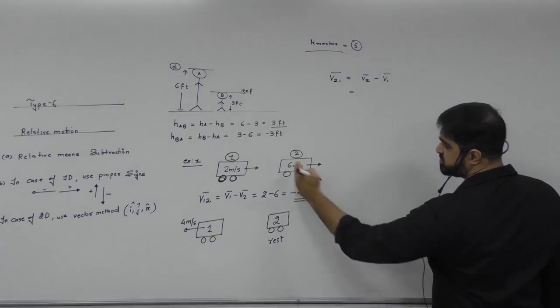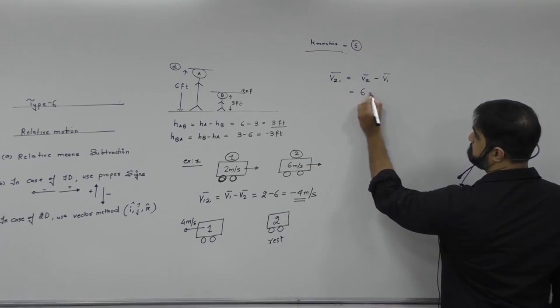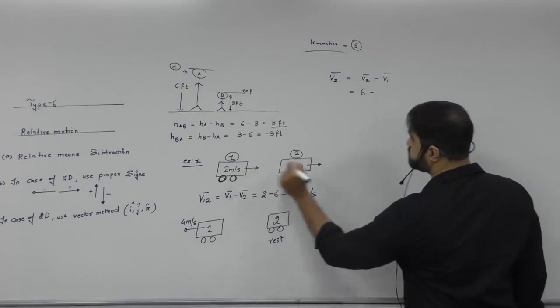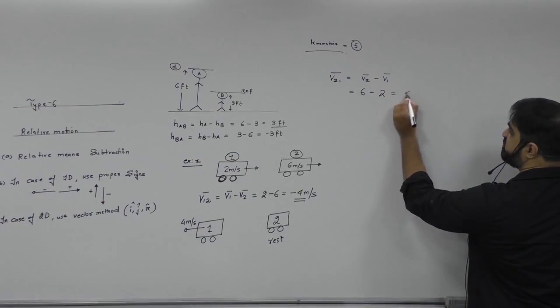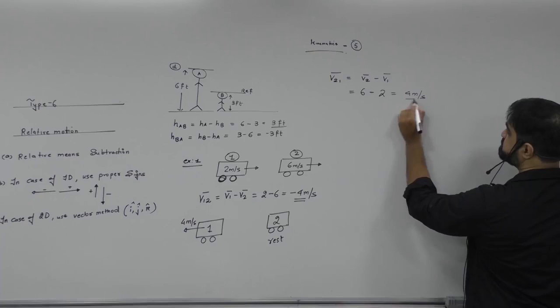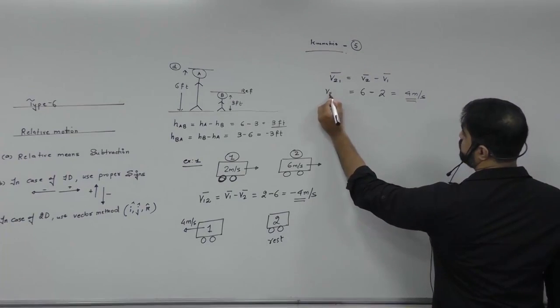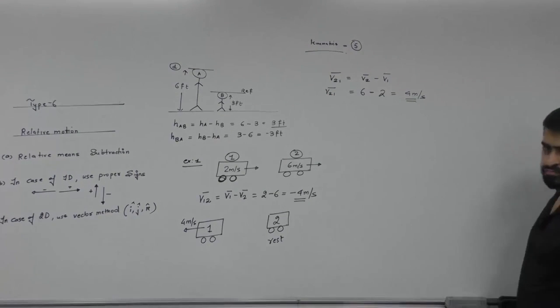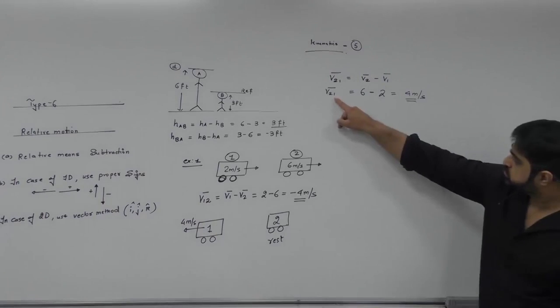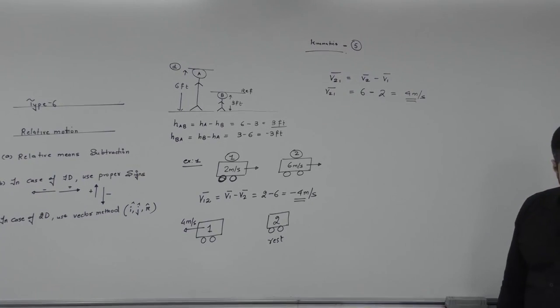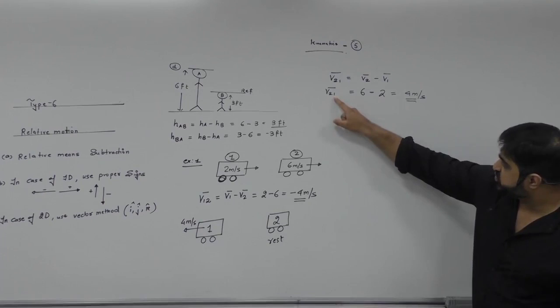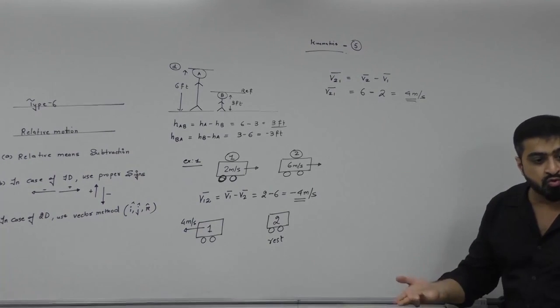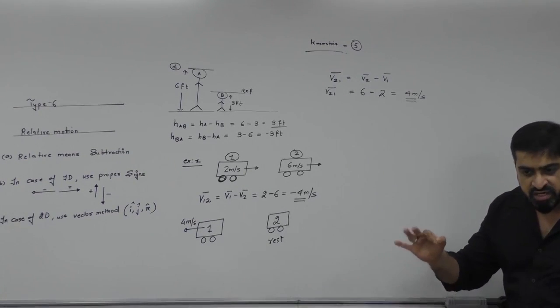V2 is 6, minus V1 bar is 2, which is 4 meter per second. Who is looking at whom? Velocity of 2 with respect to 1. 1 is looking at 2.